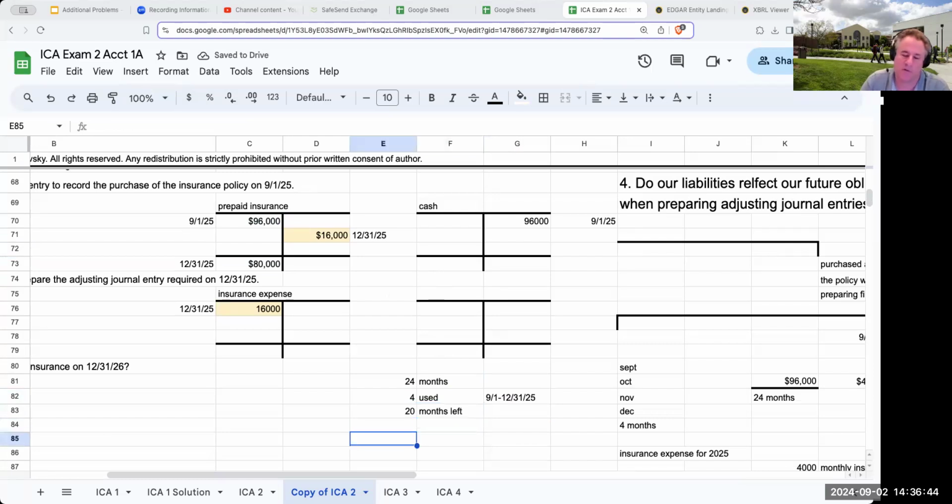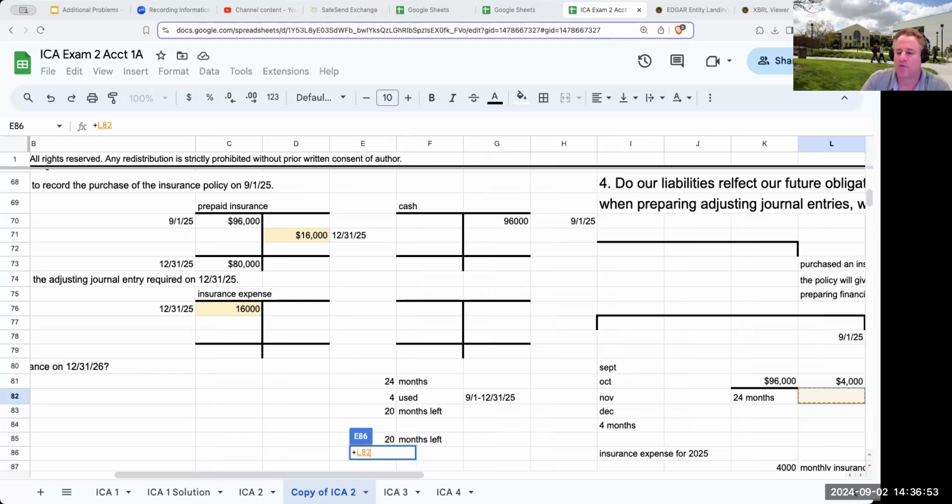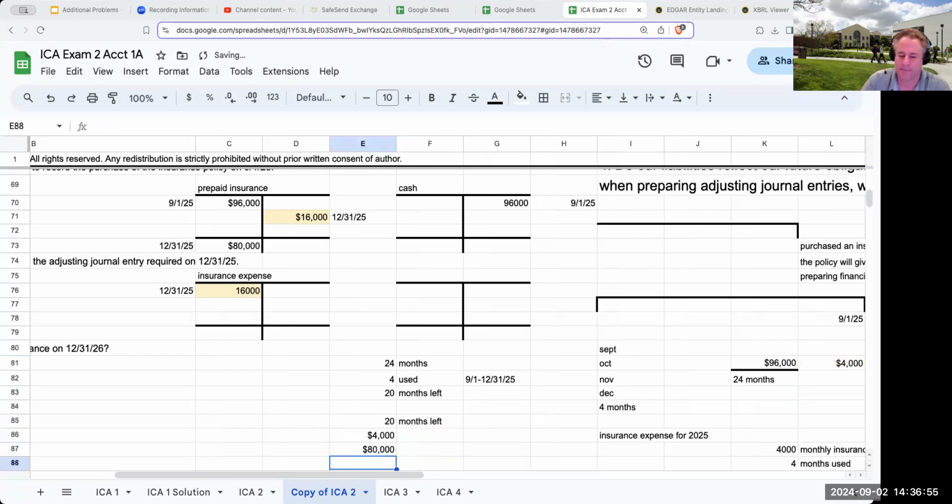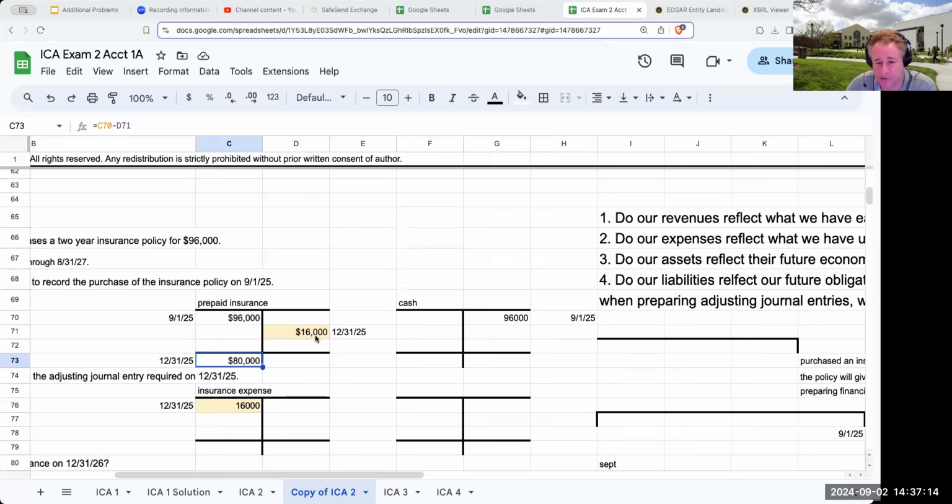So the value of the prepaid insurance, given that I have 20 months left as of December 31st, 2025, at a rate of 4,000 per month, is going to be 80,000. So this is where we can go through and check our work. By making the adjusting journal entry, we can make sure that this asset reflects its future economic benefit.